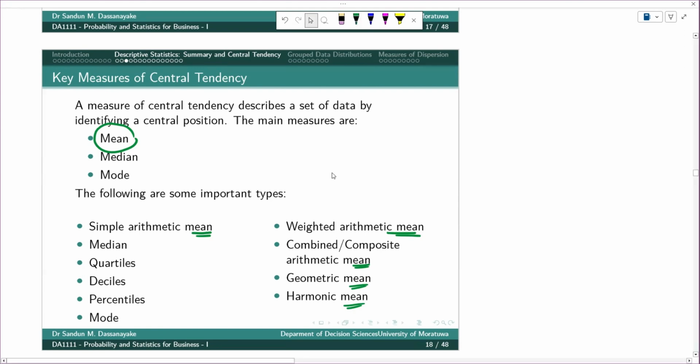Now, in general, central tendency is like a summary. If I ask you in simple terms, who is a University of Moratuwa Faculty of Business student, you tell me something about that person.